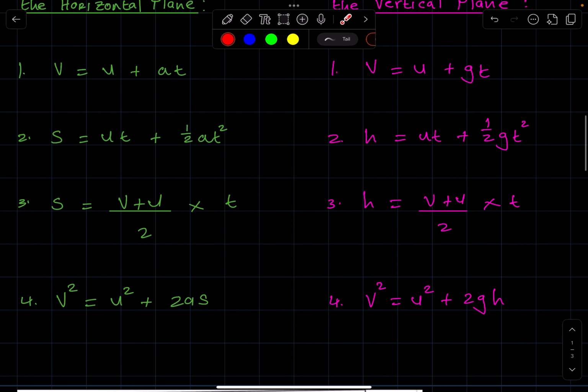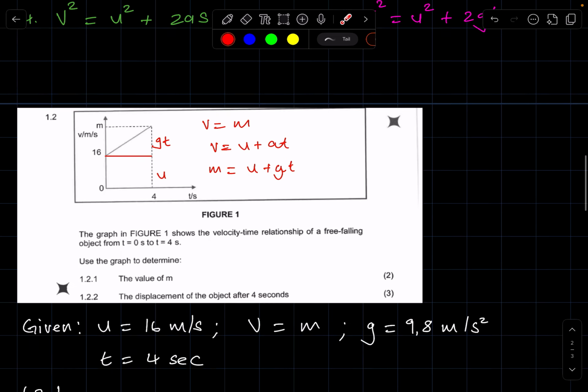Either you get this or you get that. So if you use either one of these equations, you should get the same thing. But we are going to use both just to prove this theory. You don't have to use both, you just need to use one. But for the purpose of making you understand, we are going to use both. Now remember, this is moving along the vertical plane, so we are going to make use of these two. So we're first going to use this one.